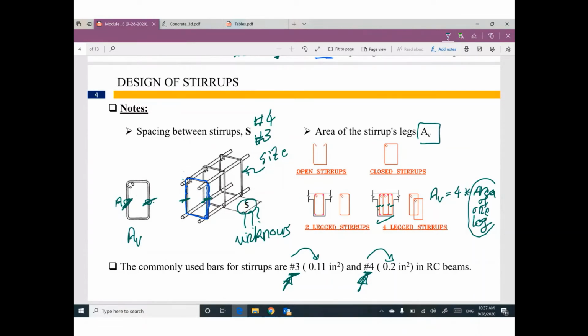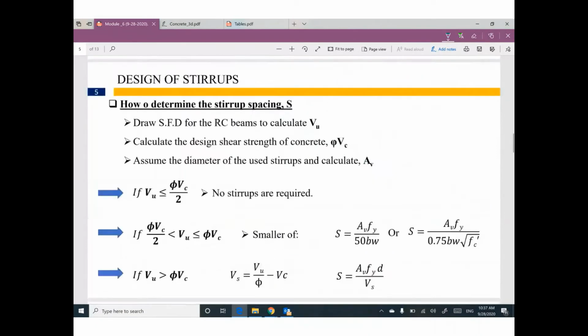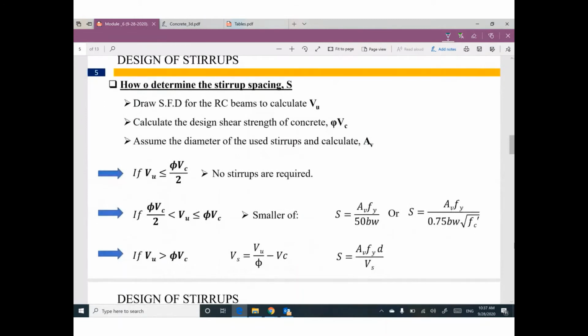So let's start. If you would like to design, first step, you need to draw the shear force diagram from structure analysis. And this shear force diagram will help you to figure out the value of V ultimate, which is the applied ultimate shear force.